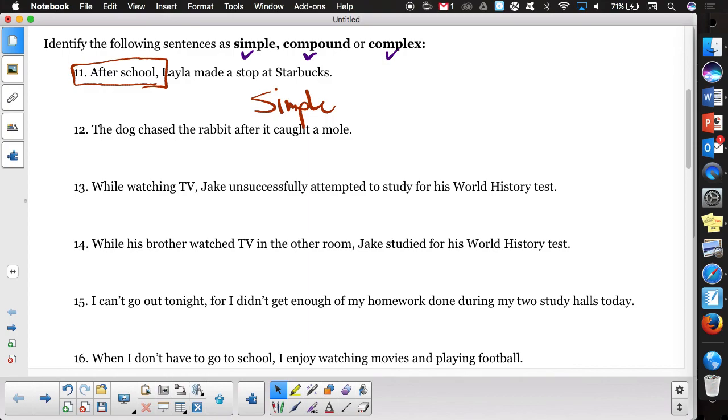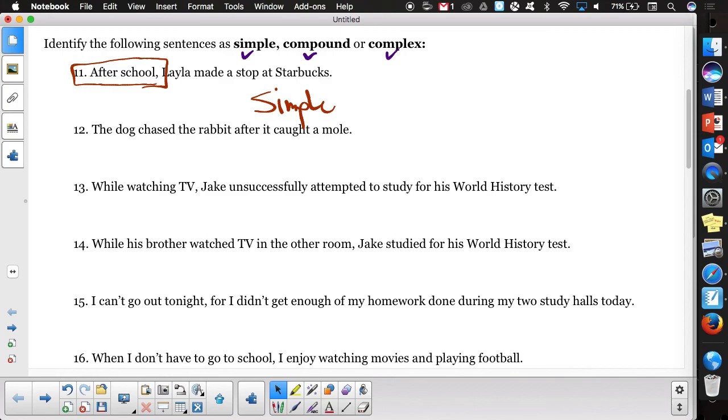I have a noun, school. I don't have a verb. This is technically just called a prepositional phrase. I'm going back to like 8th grade now with all this stuff, okay? So I'm not going to worry about getting into gerunds and prepositional phrases and participle phrases and all that kind of stuff. But for it to be a complex sentence, I would need to have a noun and a verb with after.